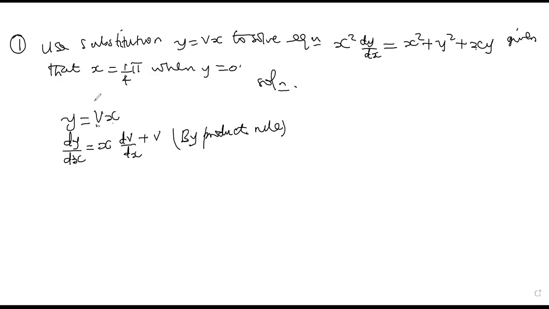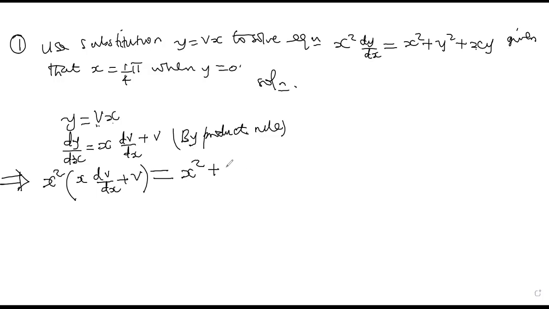Now, after getting this, we shall substitute into the equation. We shall have x squared, but instead of writing dy/dx, we write x dv/dx plus v, is equal to x squared plus xy.